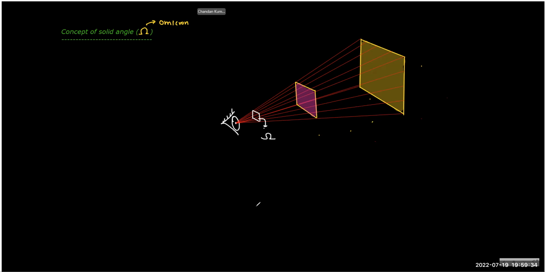Okay. So your eye is acting as a point, and these frames are subtending some angle at the point, and that angle we are calling the solid angle.